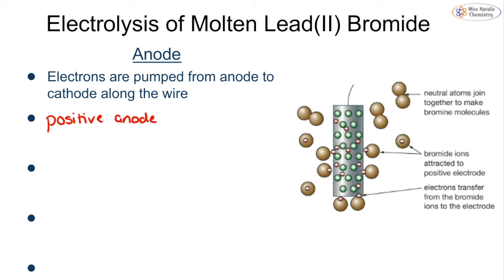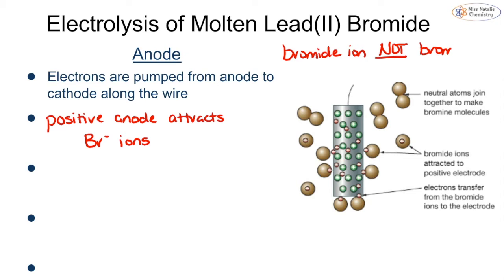They're going towards the cathode, and that then attracts the negative bromide ions. Okay, and we need to make sure that we understand that this is bromide for the ion, not bromine. Bromine is the atom and the molecule.